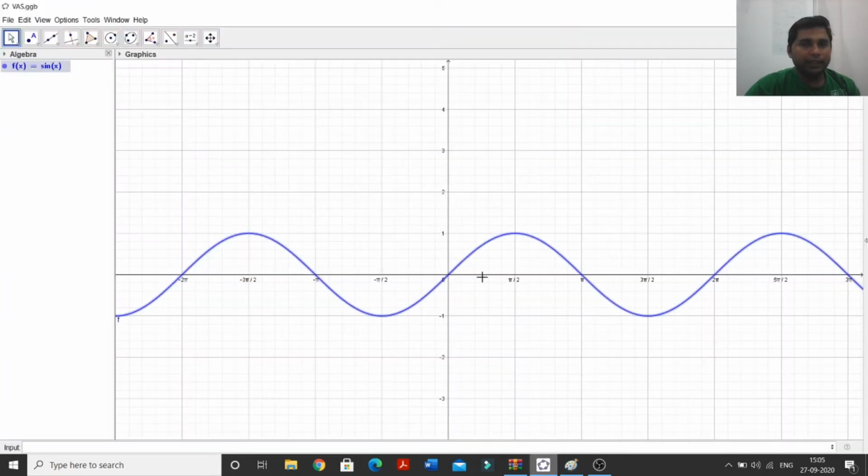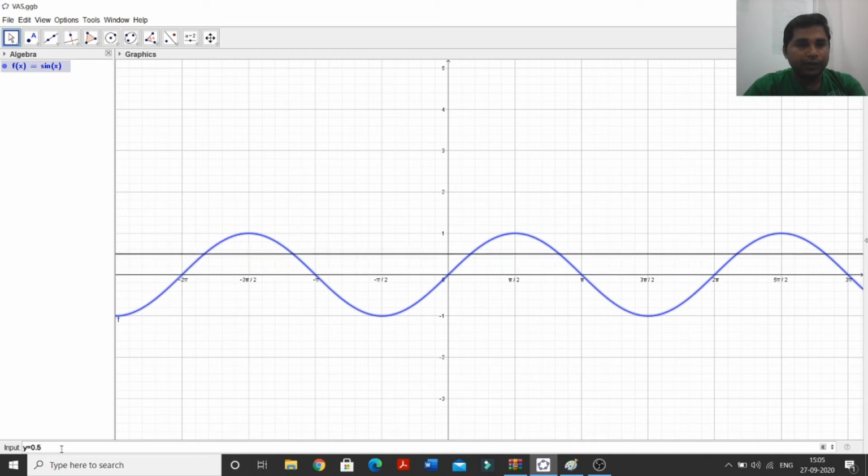But as you can see in GeoGebra, sine is a many-to-one function, because if you sketch a horizontal line, let's say y equals 0.5, it intersects the curve at many points. So this is not a one-to-one function. Inverse cannot be defined for the whole domain. That's why we need to restrict the domain.